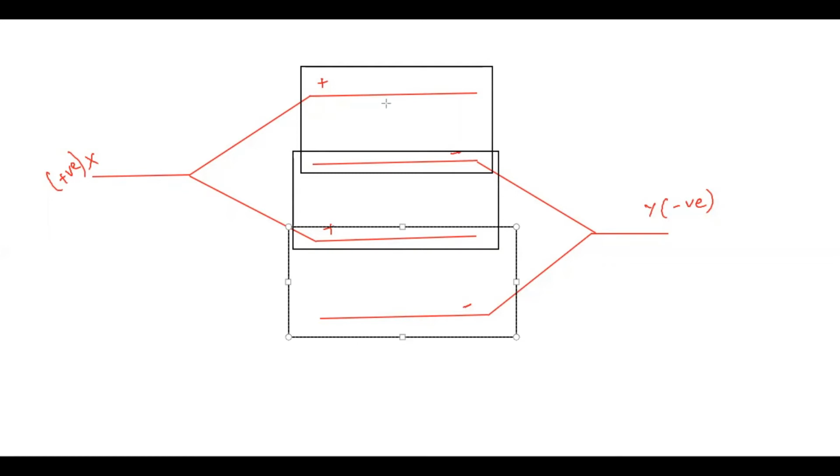So all these three parallel plate capacitors are arranged in parallel combination. If we redraw this, we can consider three parallel plate capacitors connected in parallel between the terminals X and Y.